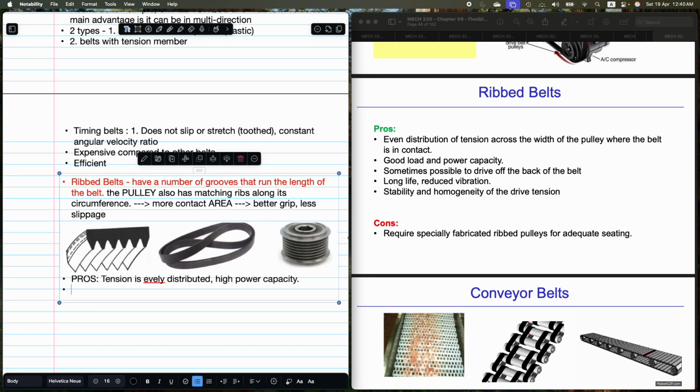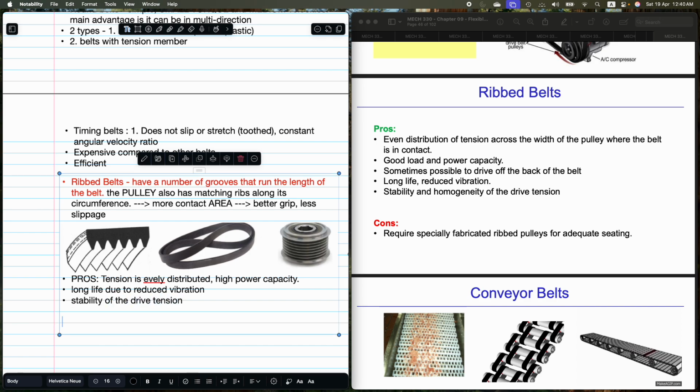Sometimes it is possible to drive off the back of the belt. Long life, due to reduced vibration, and you have stability of the drive tension.